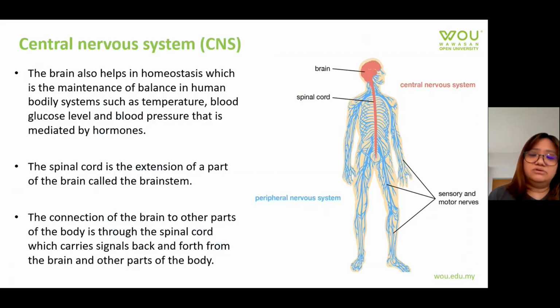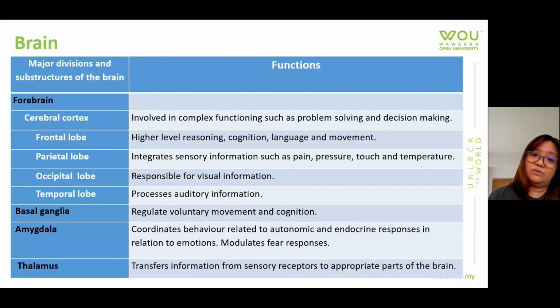For our central nervous system, the main part is our brain. All these are the major divisions and substructures that we can see in our brain. We have our forebrain, and in our forebrain we have the cerebral cortex, whose main function is helping us in problem solving and decision making.